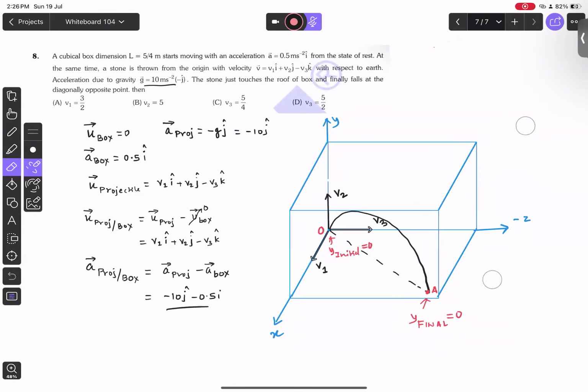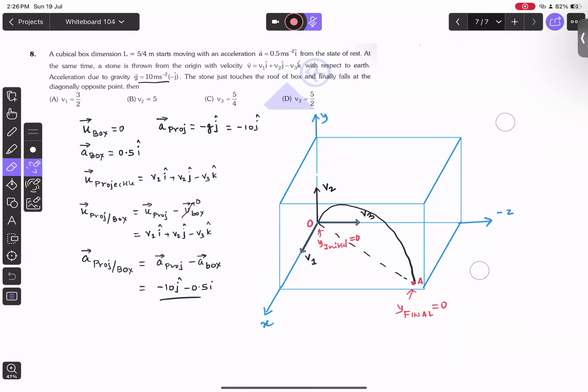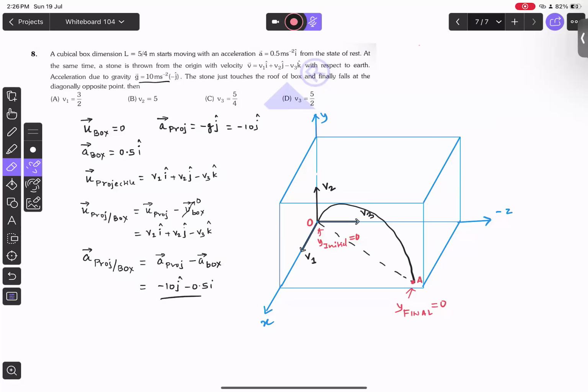For time of flight, we concentrate on vertical components only. Whenever its journey is over, whenever it hits the ground, the displacement along vertical will become 0. So we'll find the time when displacement along vertical becomes 0. Correct. So I'll write that point.